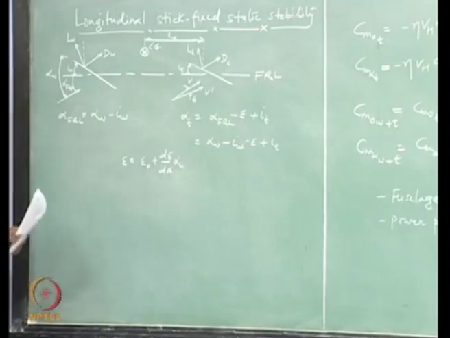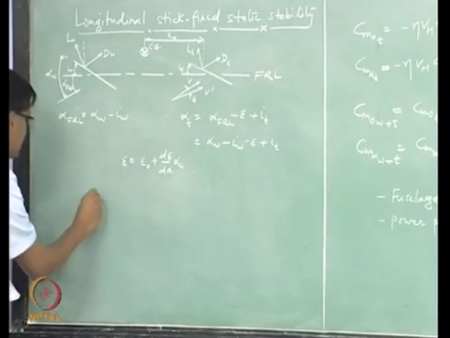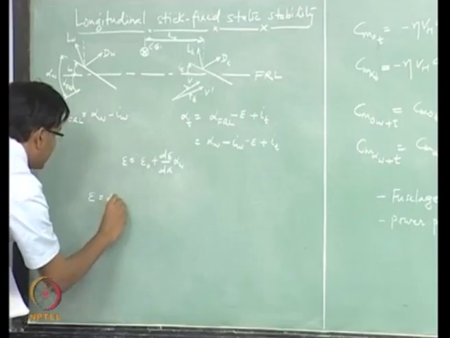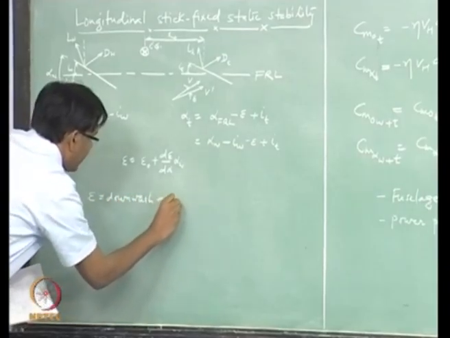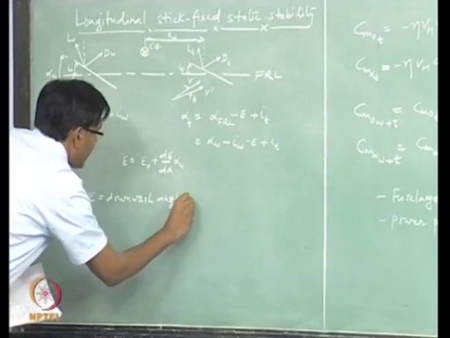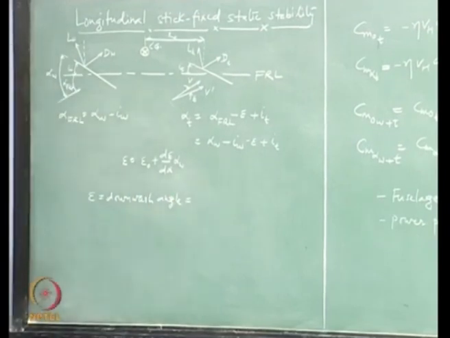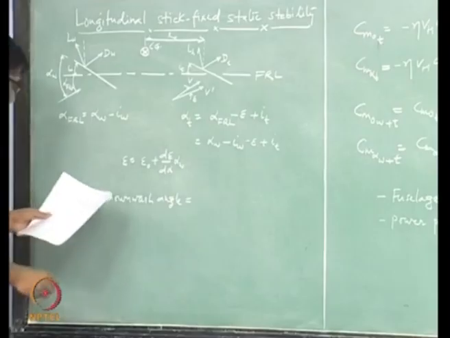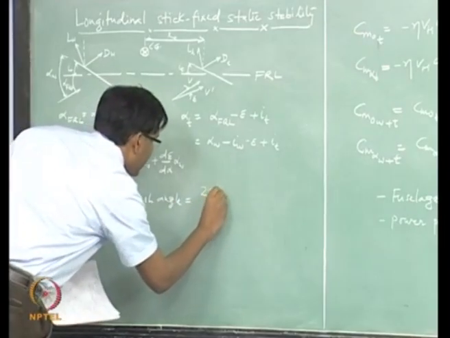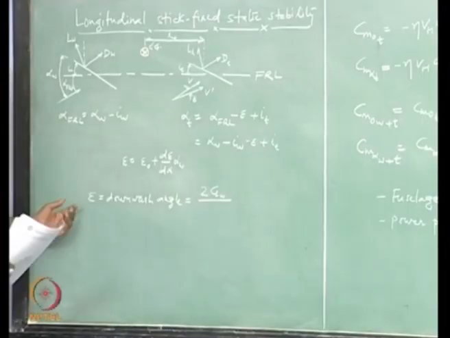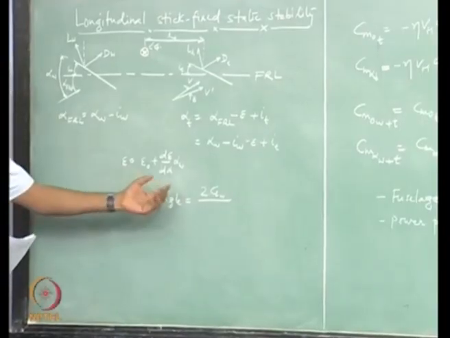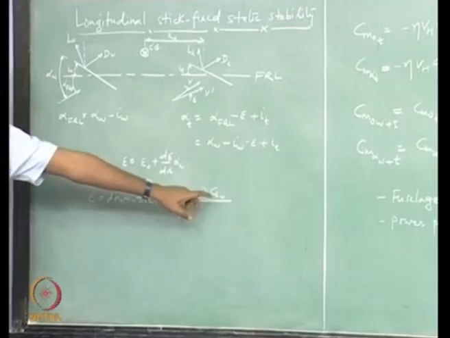So there is a simple relation between epsilon, this downwash angle, and the lift coefficient of the wing.